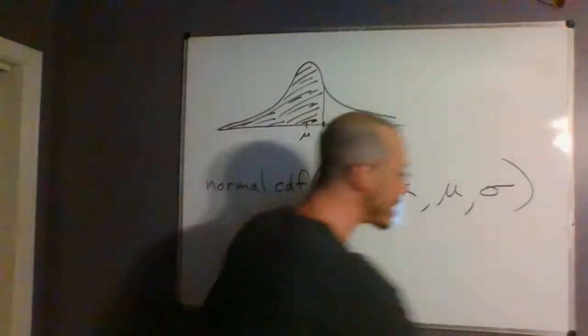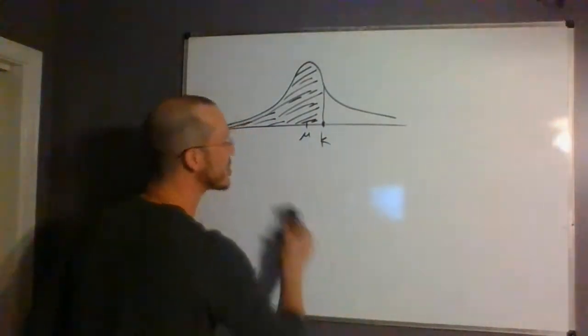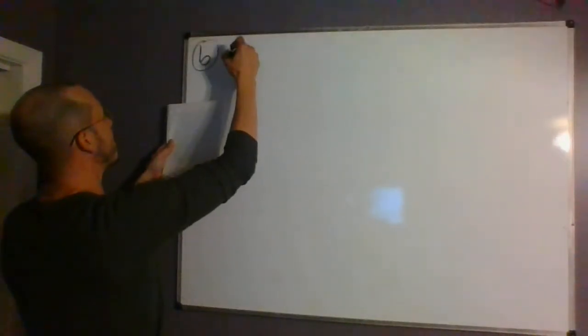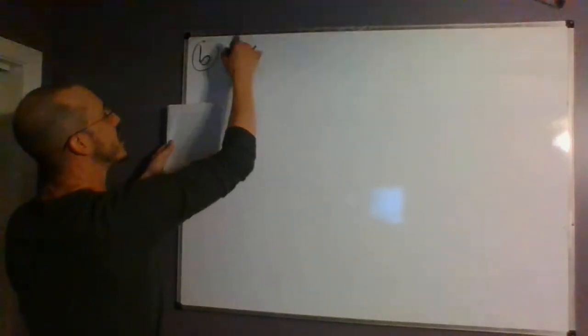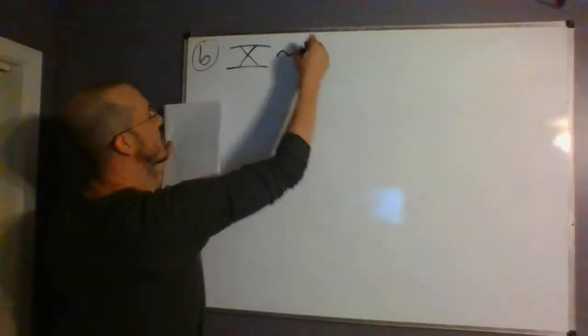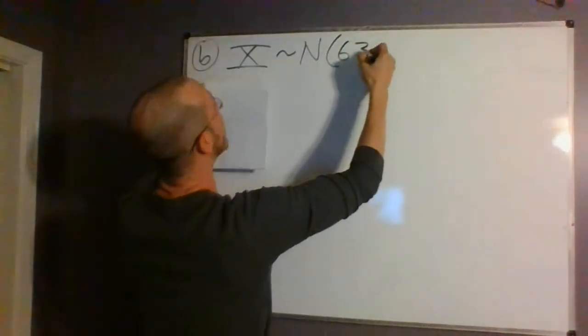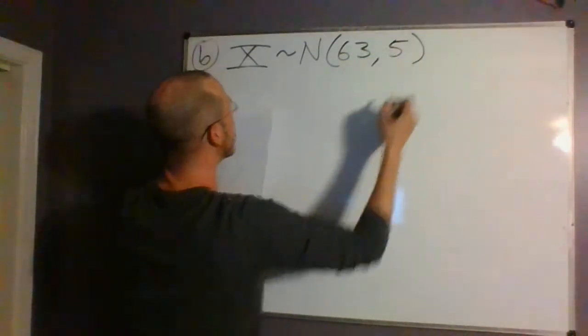Okay, so that same example, I'm going to write the summary, and we've had a chance to see what some calculator functions are. But for the second part of that example, remember the test scores are distributed normally with a mean of 63 and a standard deviation of 5.